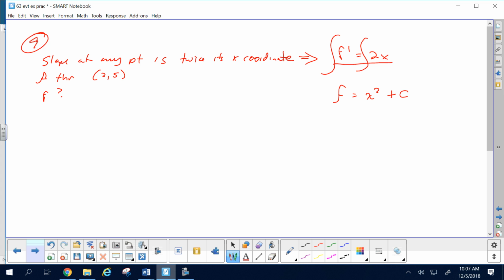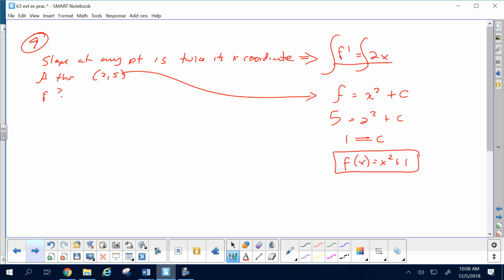How can I find out c? Use the initial condition. If 5 equals 2 squared plus c, surely that c must be 1. So f of x is x squared plus 1. Okay? All right, that's testing your calculus verbal to analytical translations.